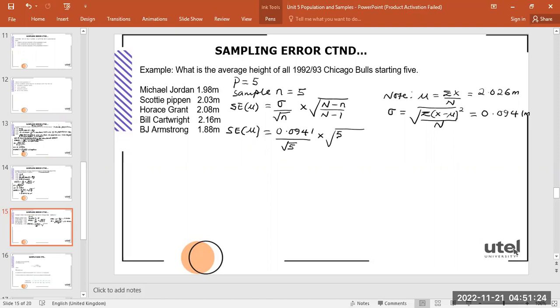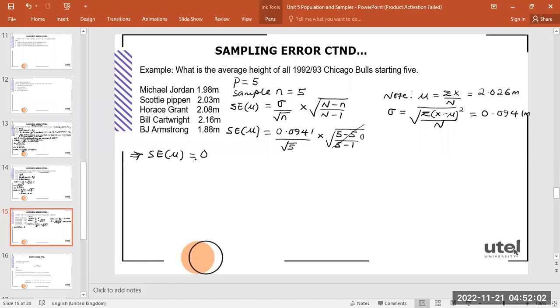Capital N is 5, small n is also 5, because we are given a population of 5 and we are sampling the whole 5 together. So the numerator is 5 minus 5, which is 0, divided by 4, which is 0. That makes the whole term 0, and multiplying 0 by the other term gives 0. So the standard error for the population mean is 0.